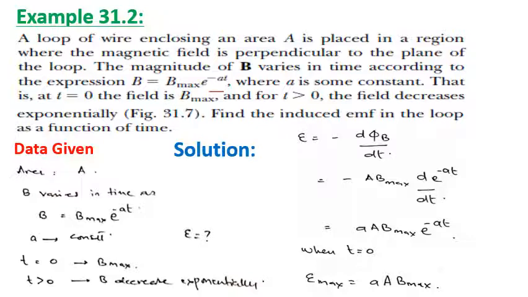After taking the differential, I get small a, capital A, B maximum e raised to the minus a t. So when I place t equals 0 over here, I get the induced EMF maximum value, that is equal to small a, capital A, and B maximum.